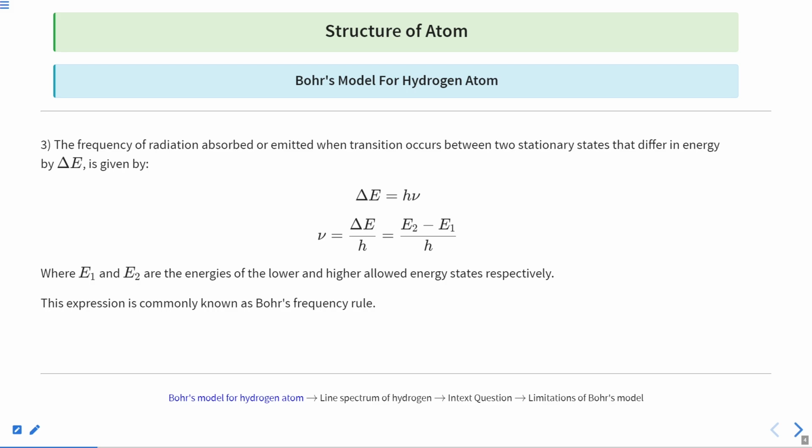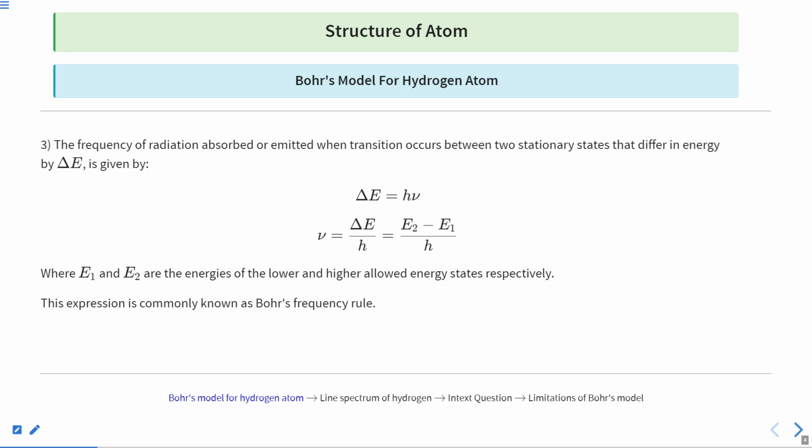The energy will not be such that the electron goes in between those stationary states. It will take that absolute amount of energy which is only required to make that transition. Suppose it will move from 1 to 2, or from 1 to 3, or from 1 to 5. It will make such a transition. It will not go in between those.